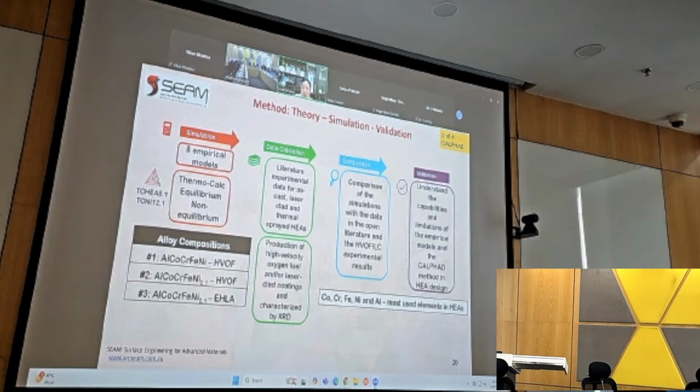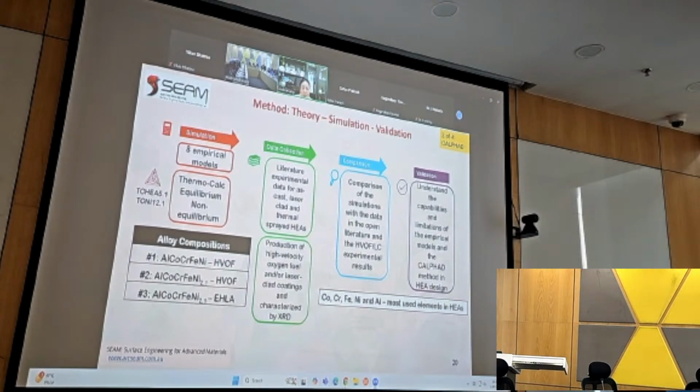So how well can Scheil simulation be used to predict our final composition? What we did was we took three different compositions of HEA coatings, and we deposited them as coatings. HVOF, high velocity oxy-fuel, is a combustion process, and again, it is rapid heating and cooling.